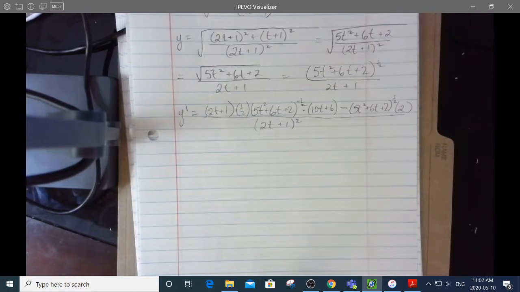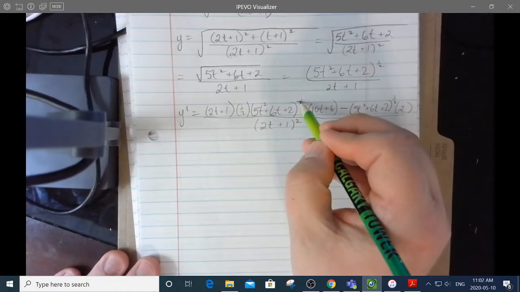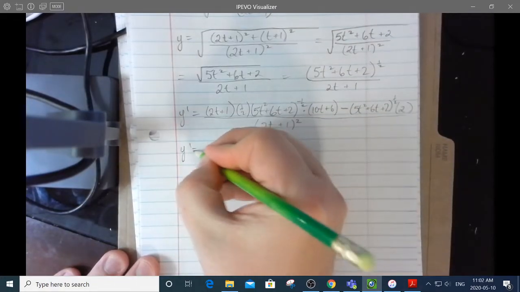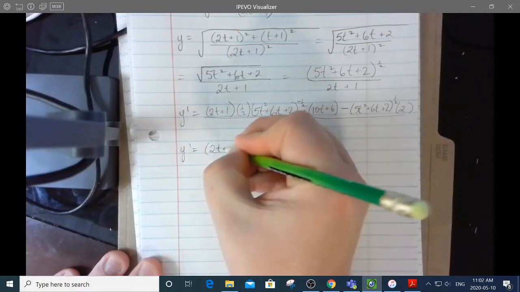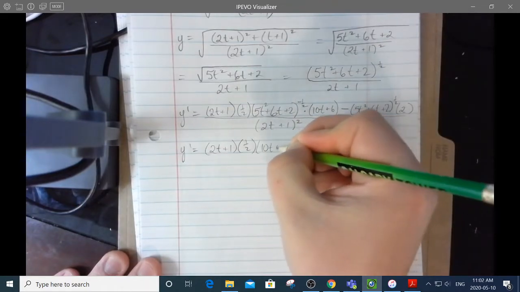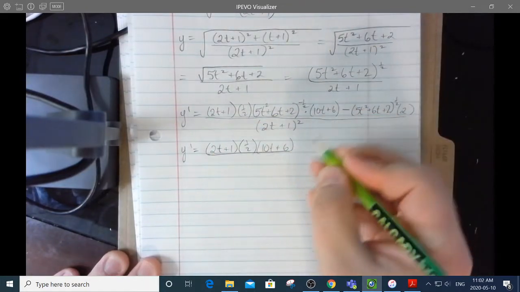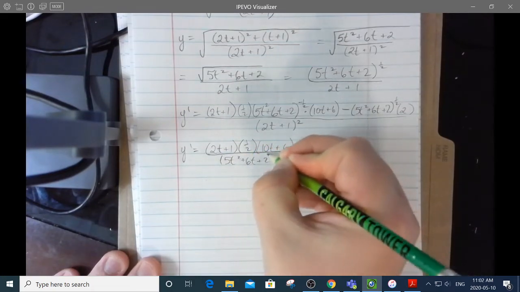Okay, here's what I'm going to do. This thing here is, again, a negative exponent, which makes it a reciprocal, which means it can go down to the denominator. So this is actually 2t plus 1 times a half times 10t plus 6 all over 5t squared plus 6t plus 2 to the 1/2. Get it?